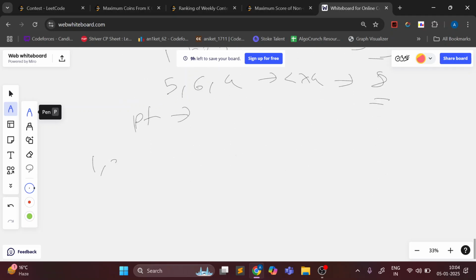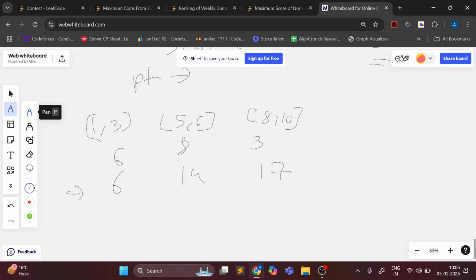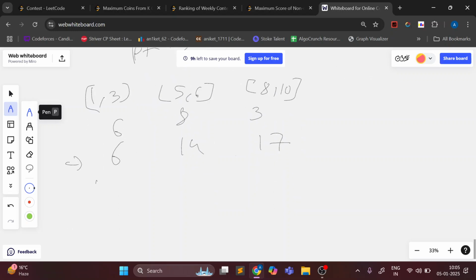So the 1 to 3 interval has 6 contribution, the 5 to 6 interval has 8 contribution, and the 8 to 10 interval has 3 contribution. Then I take its prefix sum: 6, 14, 17. Now for the first segment, let's start with the first.